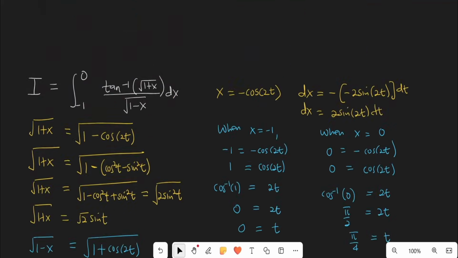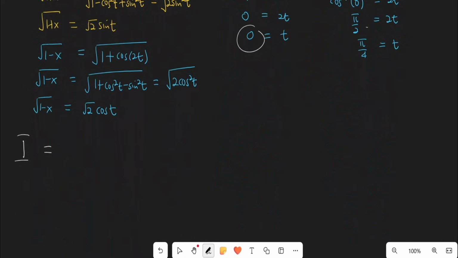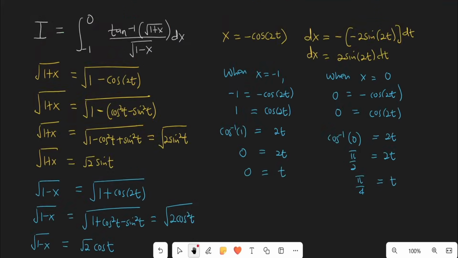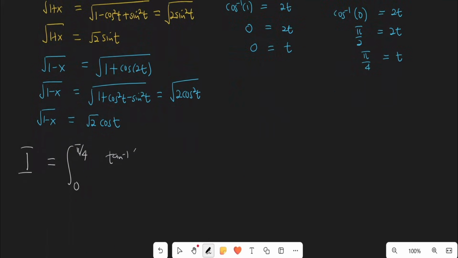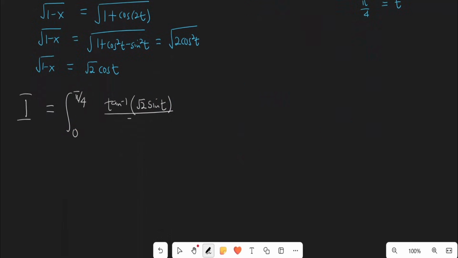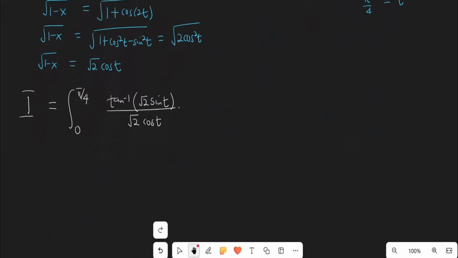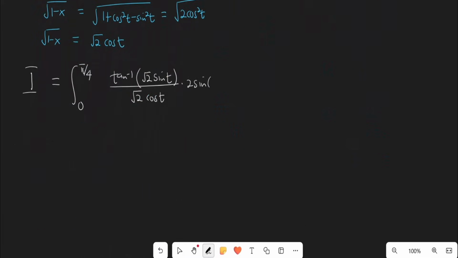I is going to be the integral with the limits of integration now from 0 to pi over 4 of the tan inverse of the square root of 1 plus x, which is the square root of 2 times the sine of t, divided by the square root of 1 minus x, which is the square root of 2 times the cosine of t, multiplied by dx, and dx is 2 sine of 2t dt.